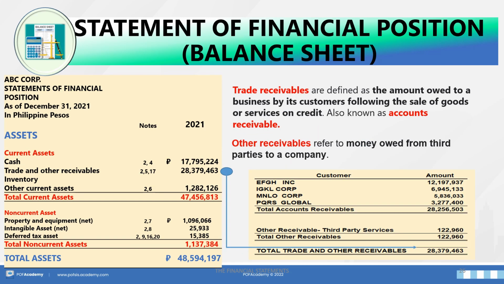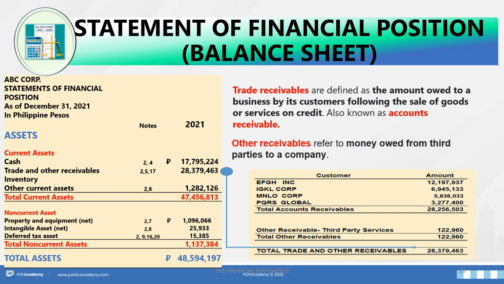Next current asset, the trade and other receivables. So let's define trade receivables and other receivables. Trade receivables are defined as the amount owed to a business by its customers following the sale of goods or services on credit, also known as accounts receivable. While other receivables refers to money owed from third parties to a company.